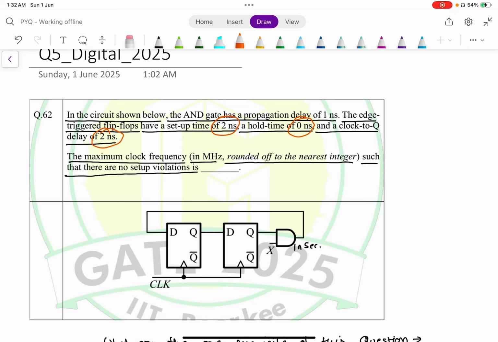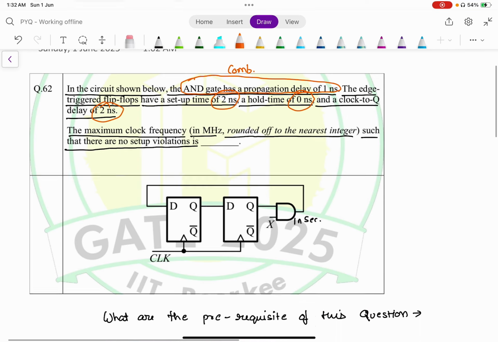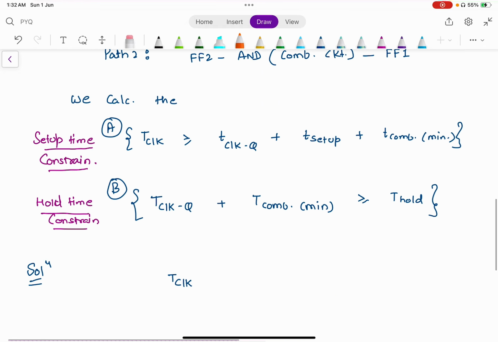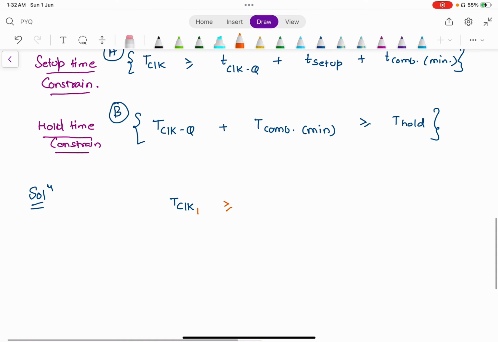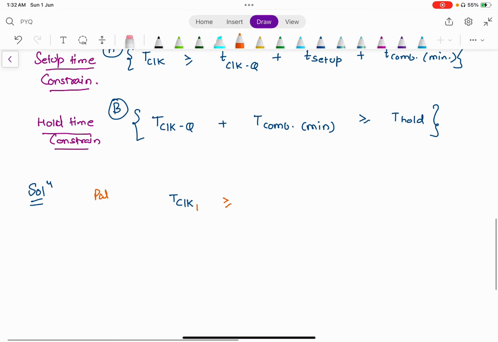The propagation delay of the AND gate, which is a combinational circuit, is 1 nanosecond. So please remember this. I am writing the values. T clock 1, I will denote this as 1, I am calculating this for path 1.